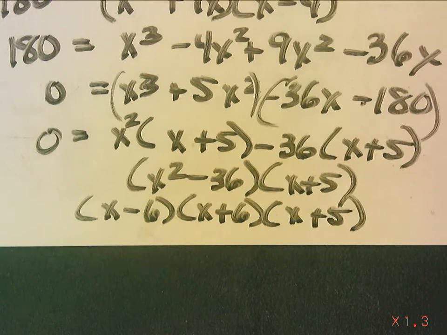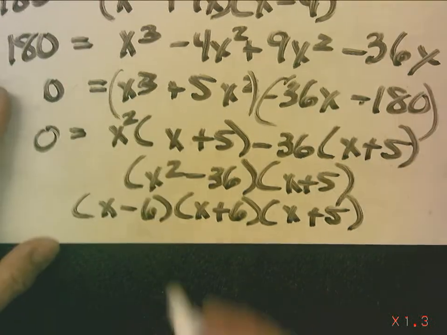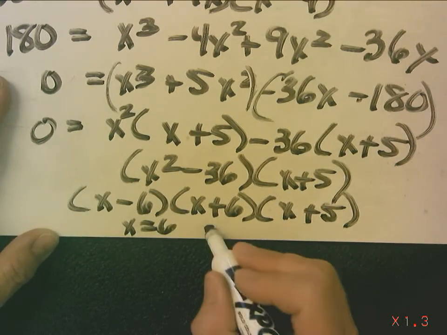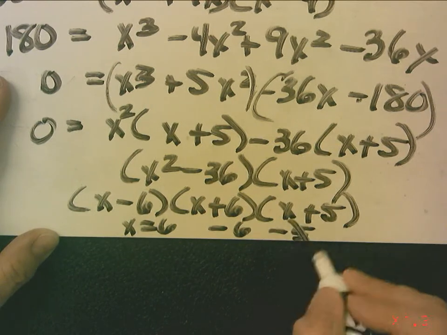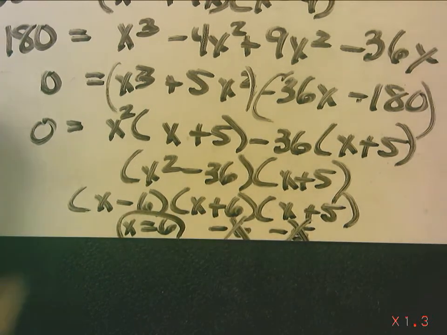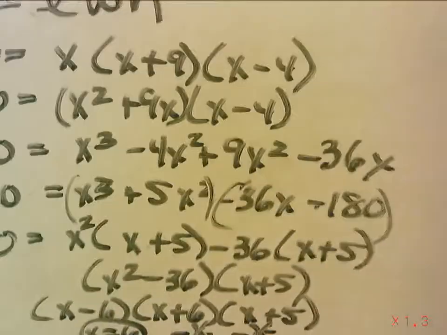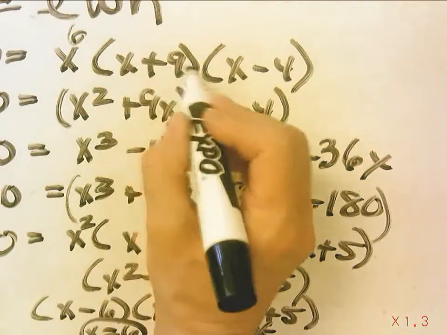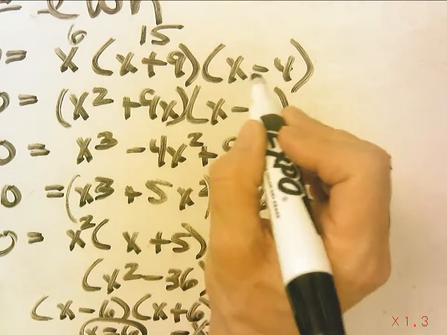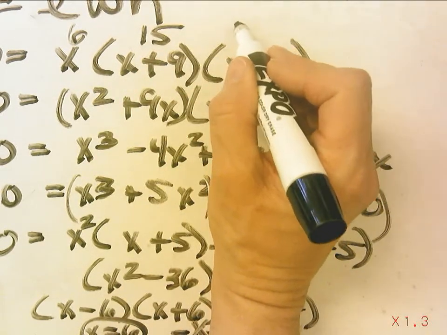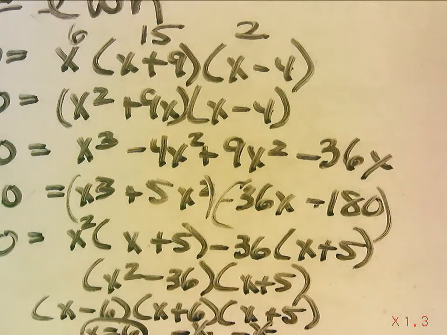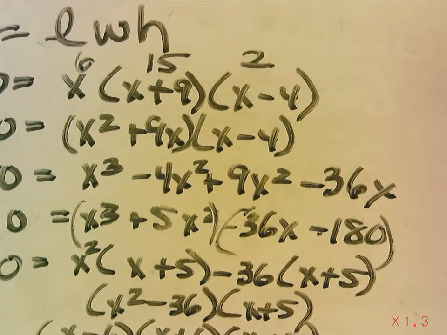My only possible answer is 6. Because it cannot be negative 6, cannot be negative 5. So the answer here is 6. And if it asks for the dimensions, then I have to fill it in. So this is 6. 6 plus 9 is 15. 6 minus 4 is 2. So my dimensions are 6 feet by 15 feet by 2 feet. Okay?